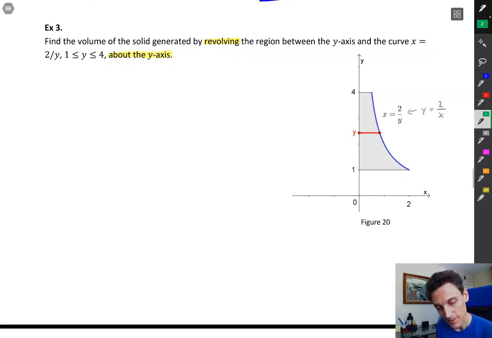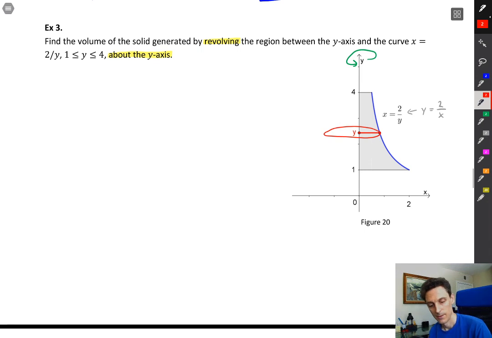Let's draw that little symbol to remind us which axis we're revolving about. Okay, well, here our cross section is going to look like some kind of circle or a disc. Let me just draw a little sample cross section. So it looks something like this circle here.